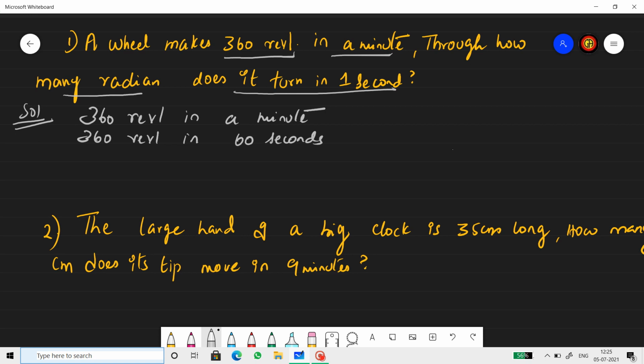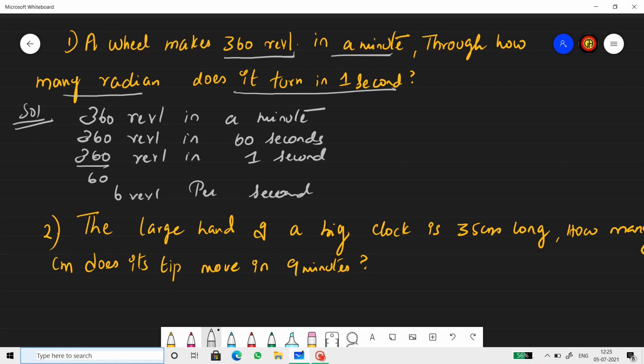A minute contains 60 seconds. So that means 360 by 60 revolutions in 1 second, which is 6 revolutions per second. So it revolves six times in a second.